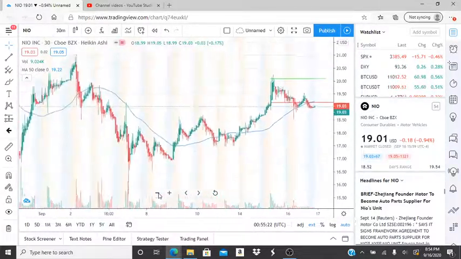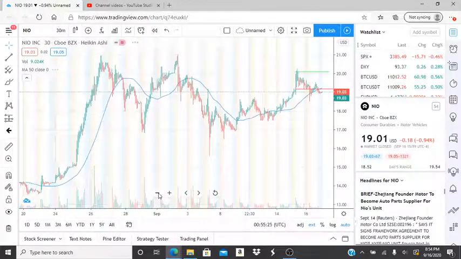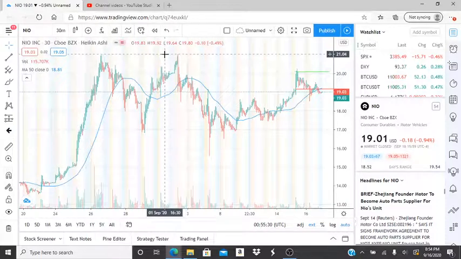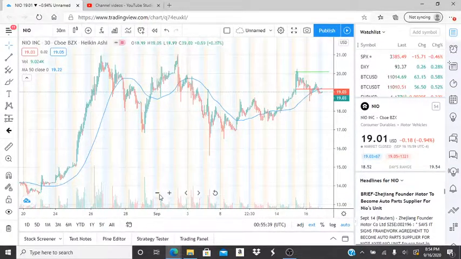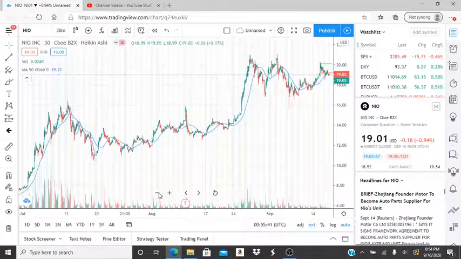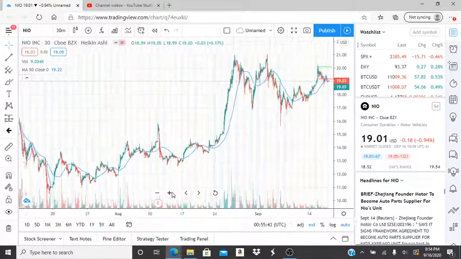So NEO has had some volatility. It reached highs that it has not been able to break, and those highs were first $20.95, and the next one was $21 and some change. Since that point, NEO has not been able to reach those highs again. It's been leveling off, hanging out.